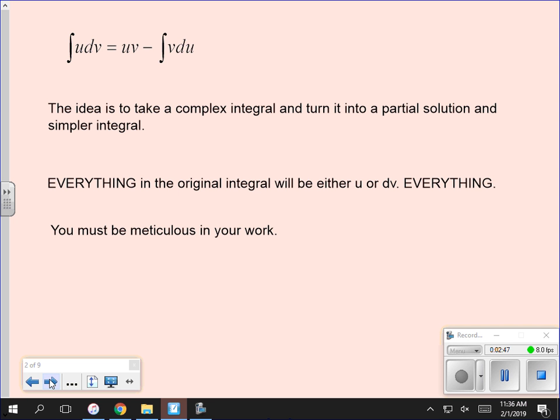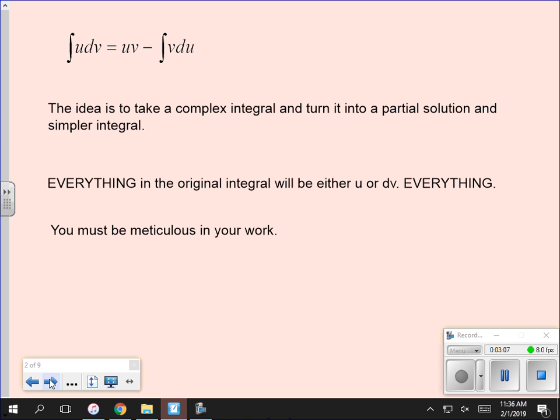So I'm going to put the formula up here on the board off to the side because we'll want this in front of us the whole time. So the integral of u dv, I should have told you to bring colors. Colors are very helpful.